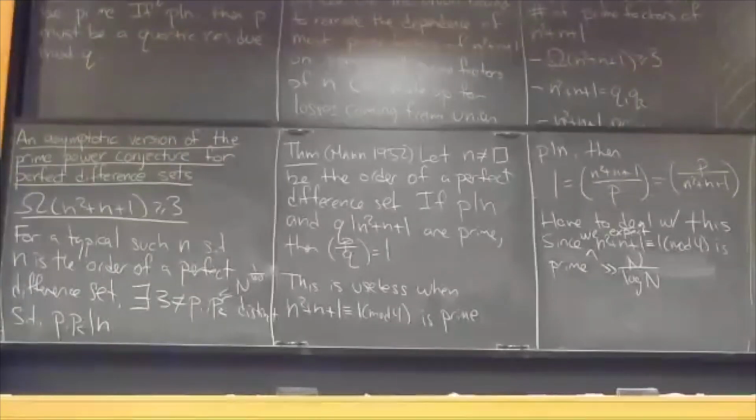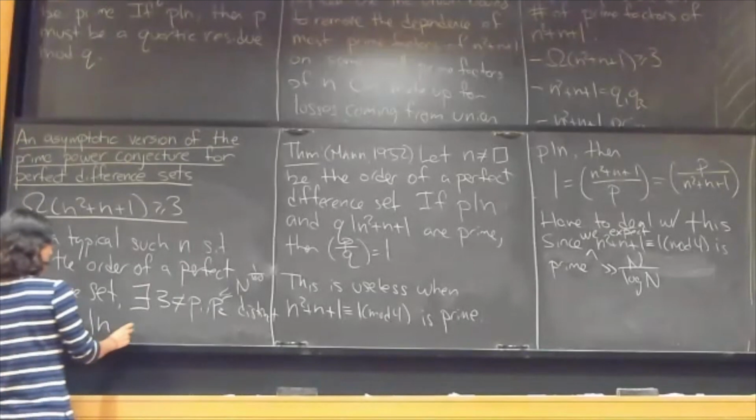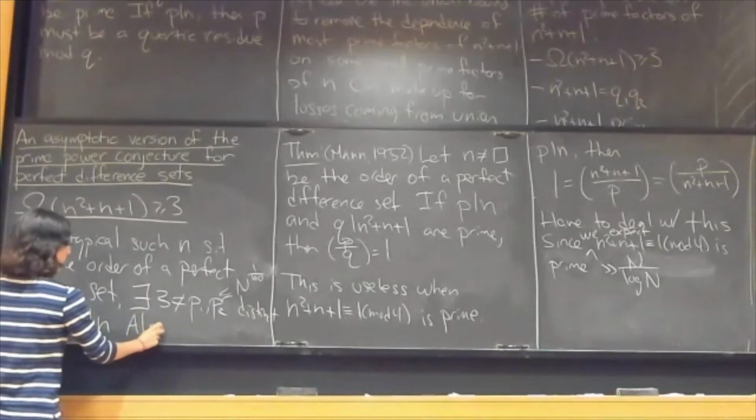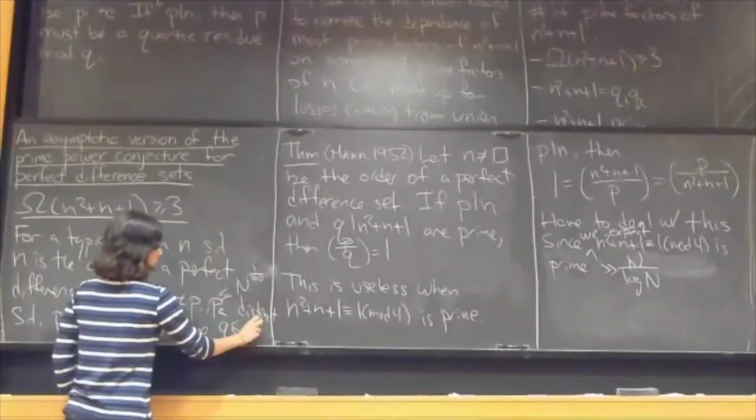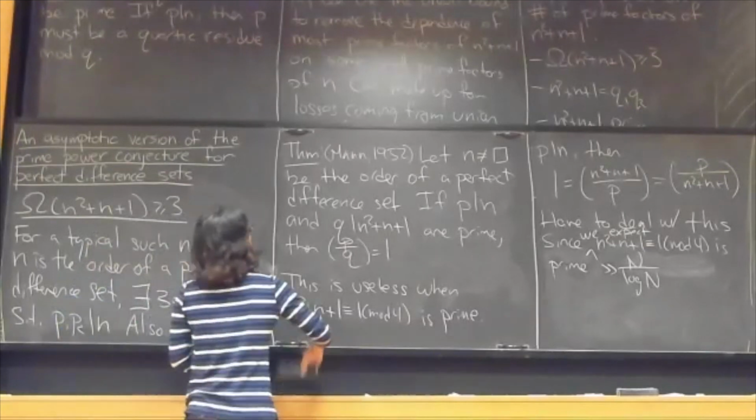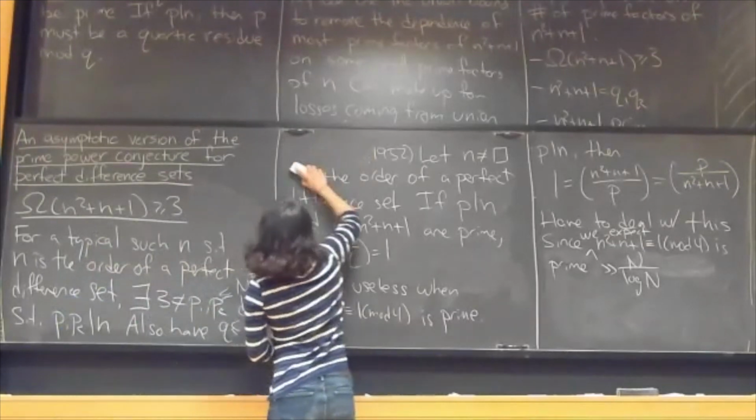And then for all such n, we also always have some prime q below n to the 2/3 that divides n squared plus n plus 1.